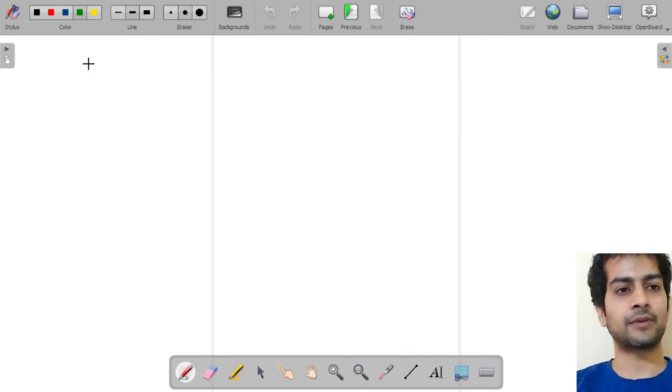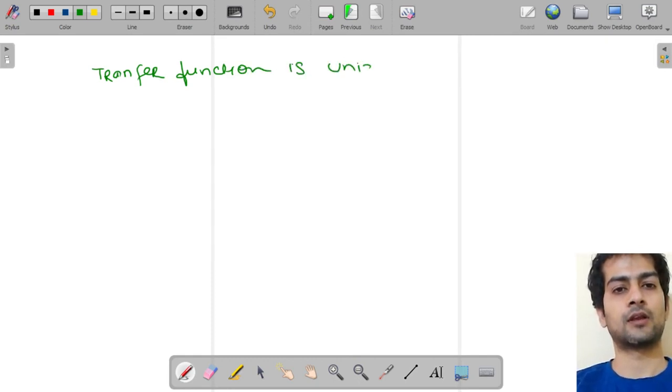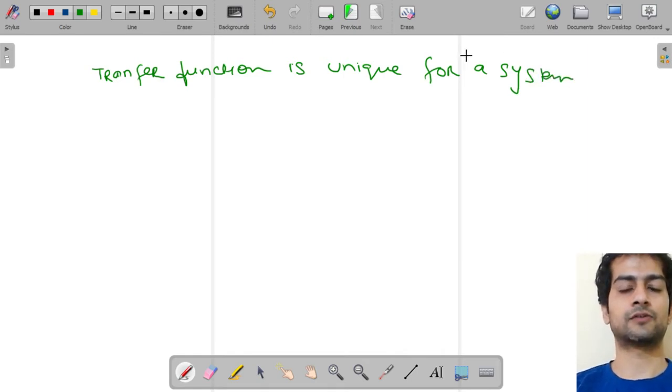So see, I am writing two statements. Transfer function is unique for a system.